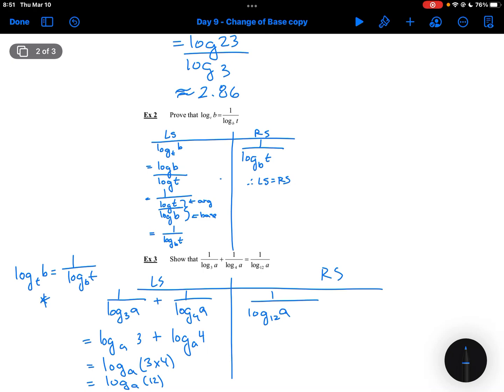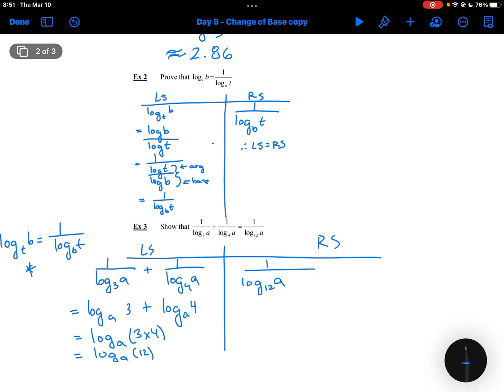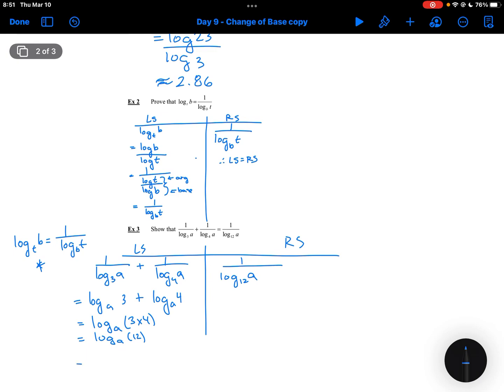Now, using this property again, the base of my logarithm is going to become the argument when I put it on the denominator. So this is a, and my argument is going to become the base of my logarithm. So therefore, my left side is equal to my right side.